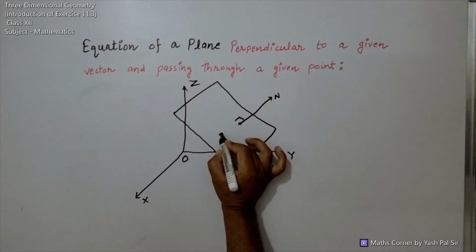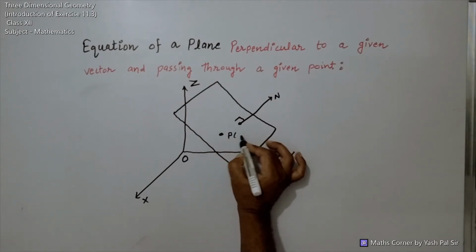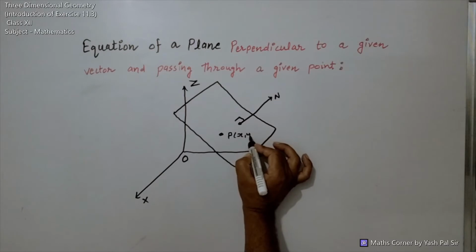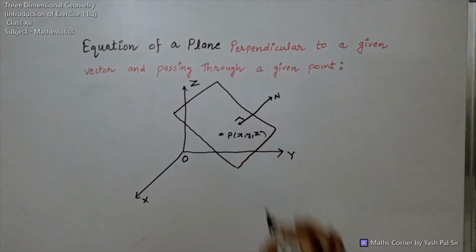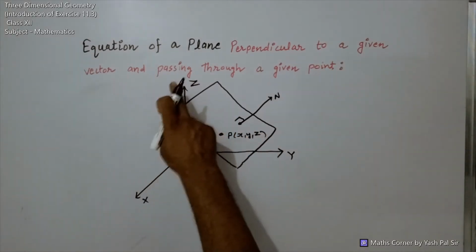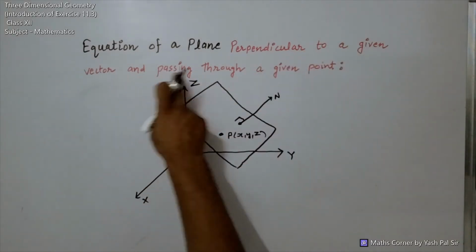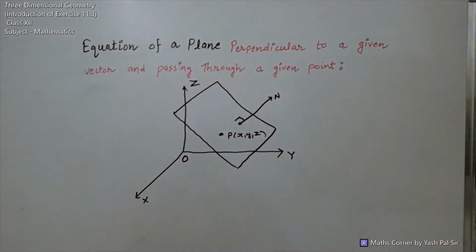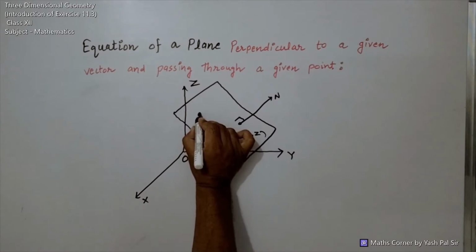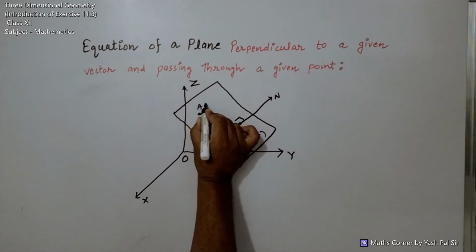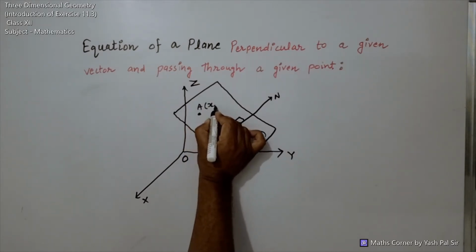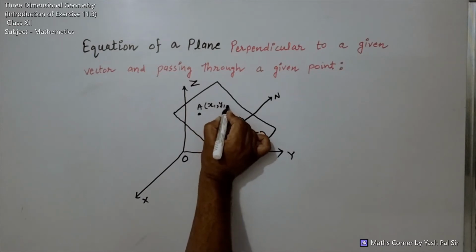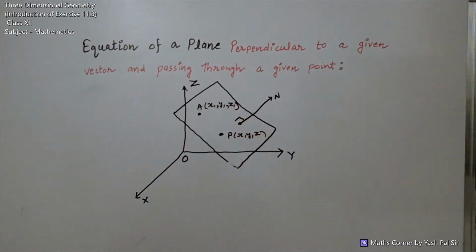One more thing I want to say here. Suppose there is any point P on the plane, where x, y, z are the coordinates of this point P, and the plane is perpendicular to a given vector and passing through a given point. The plane passes through this point A. The coordinates of this point are x1, y1, z1, right?